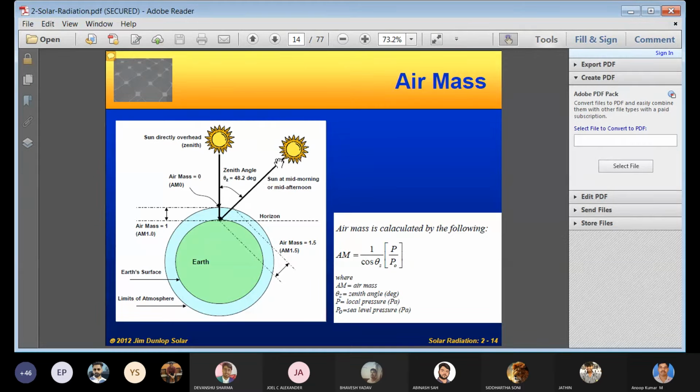So we have the sun, the earth, and the atmosphere. Earth is this green one, and encircling it is the atmosphere. Air mass means the distance between the sun and earth. By the picture you can see zenith means when the sun is over your head. That is the zenith position.